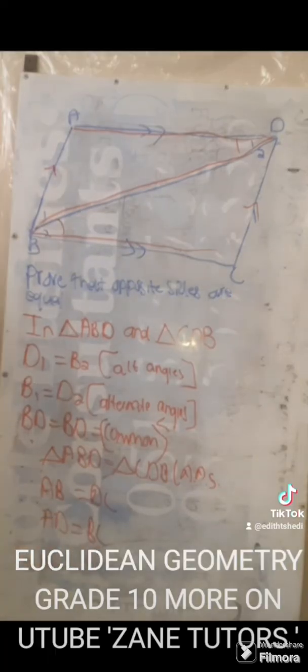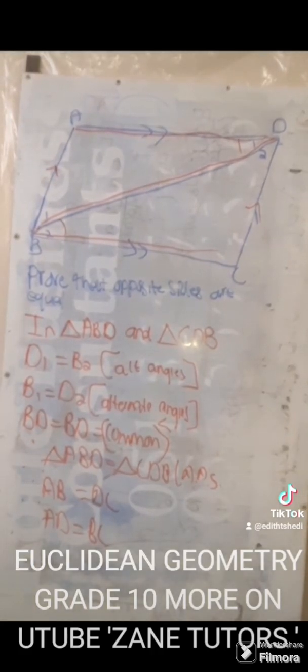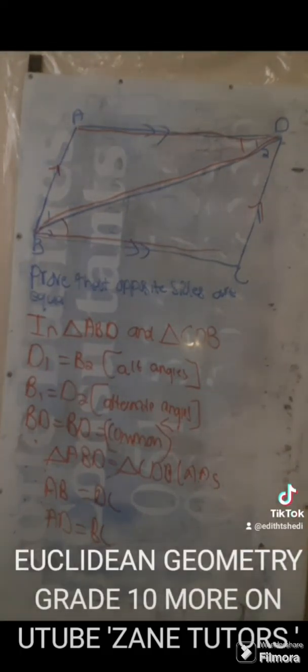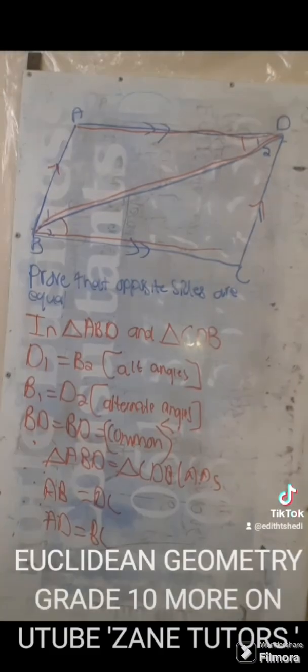So you have totally proven that opposite sides of a parallelogram are equal with those easy steps. Yes, you have proven with those easy steps that opposite sides of a parallelogram are equal. So we are going to do the last question, which is 8.3.